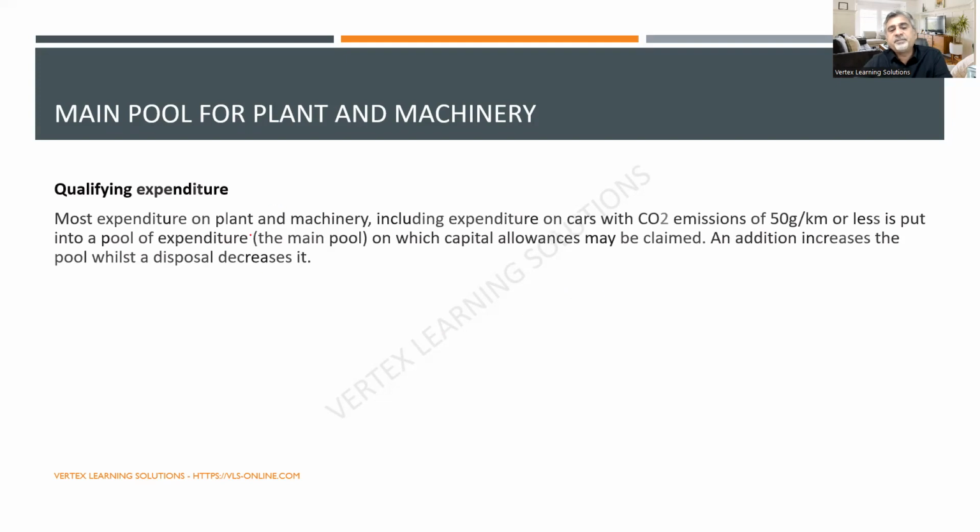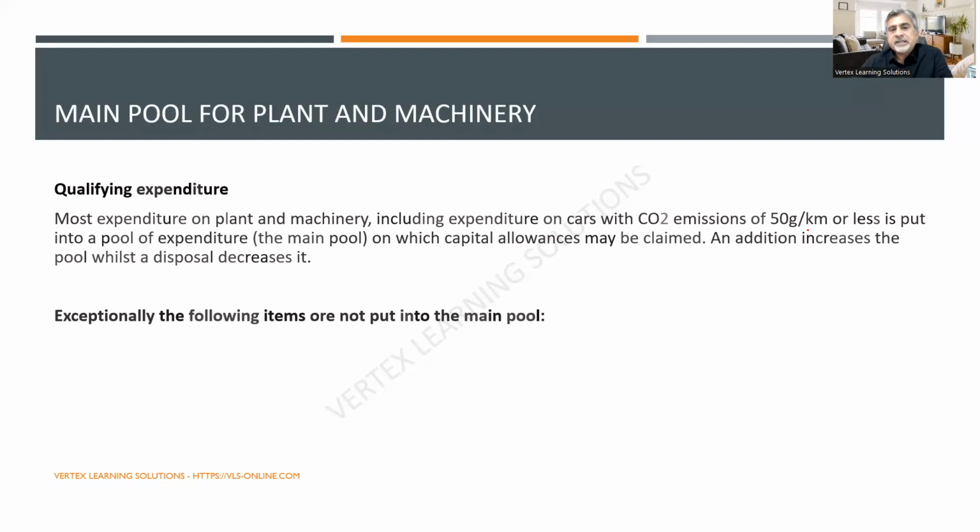Most expenditure on plant and machinery, including expenditure on cars with CO2 emissions of 50 grams per kilometer or less. So plant and machinery are inside the main pool, that we understand. But it also has exceptionally added cars, those with CO2 emissions of 50 grams per kilometer or less.